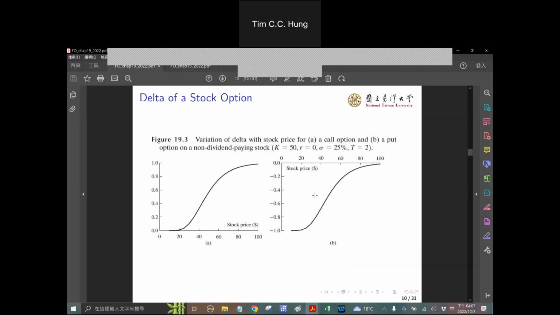I will very quickly go through theta because people really don't talk about theta that much. Theta tells us that the time value decreases as time goes along. So usually it's negative, and it decreases in a linear way. You have to be aware of it, but don't worry too much about that.